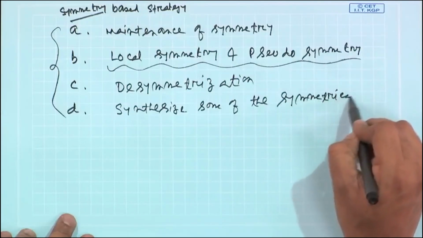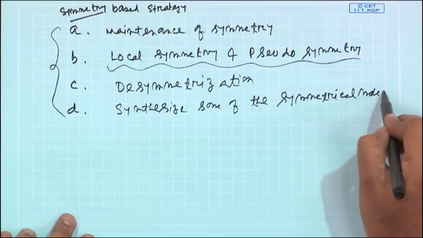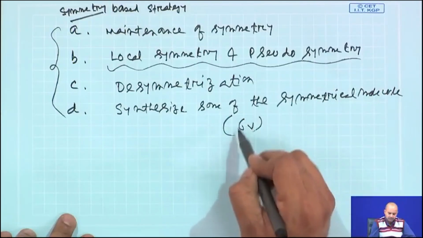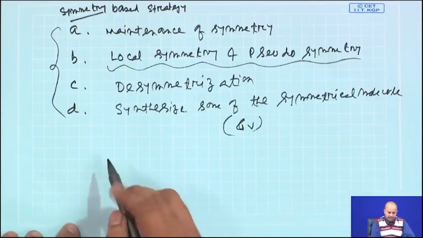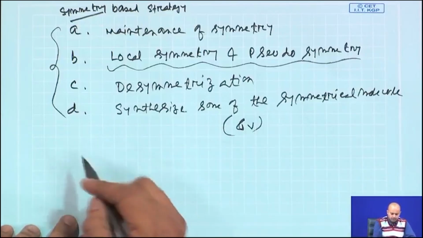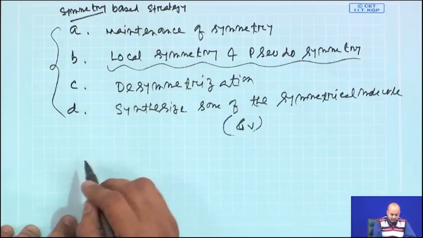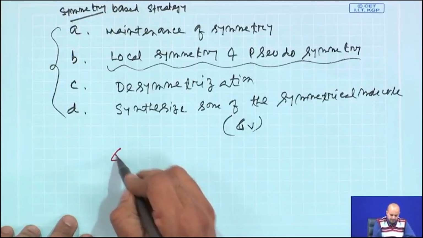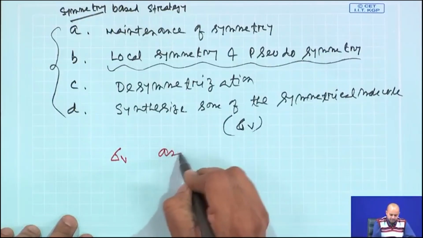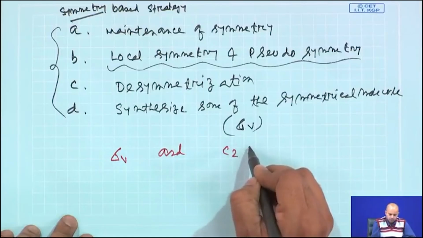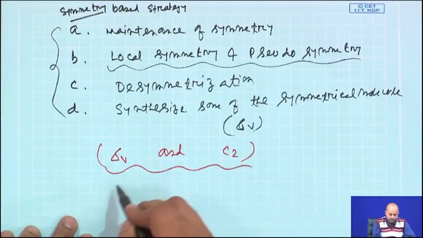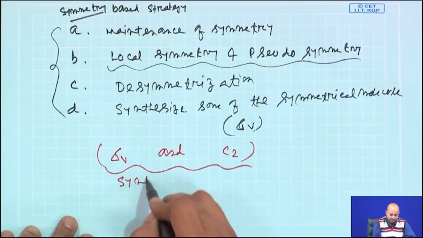Now, as I said, the symmetry we are talking about is only sigma v, mainly sigma v. For your information, these two symmetry elements, sigma v and C2, play a very important role in synthetic planning.